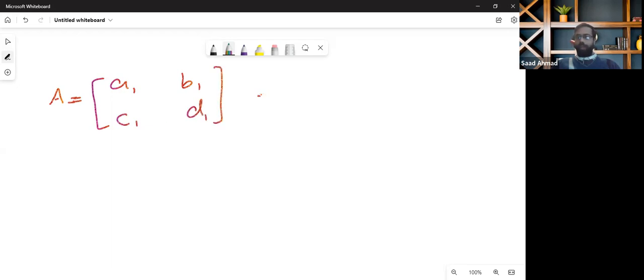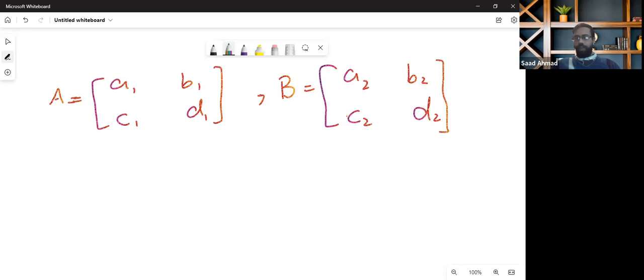And I have another matrix B, whose entries are A2, B2, C2, D2. The 1 and 2 are just to distinguish between them: A1 is a member of matrix A and A2 is a member of matrix B.